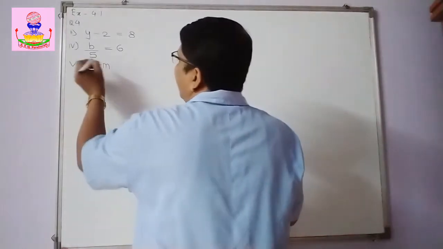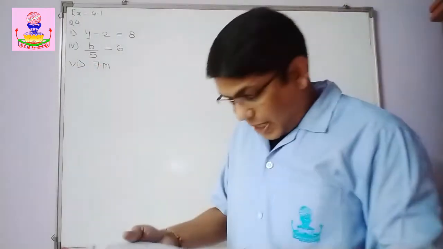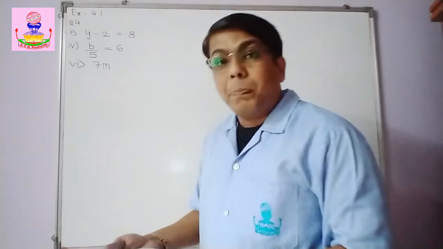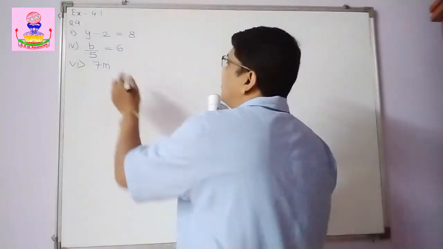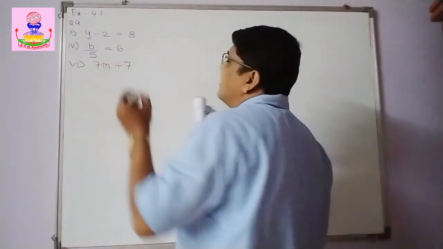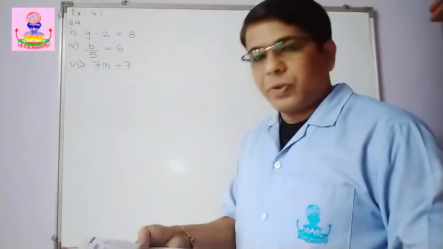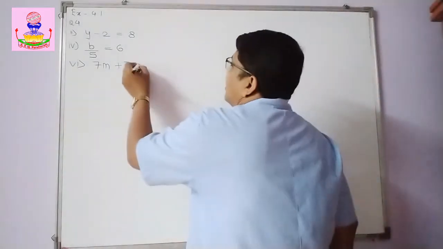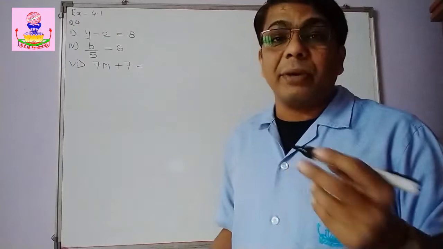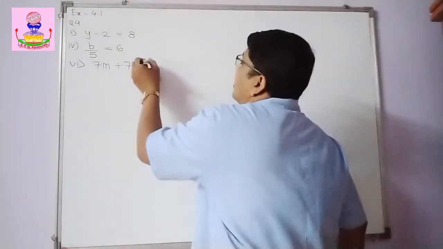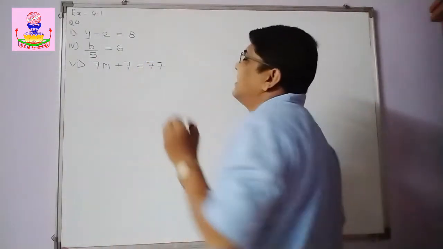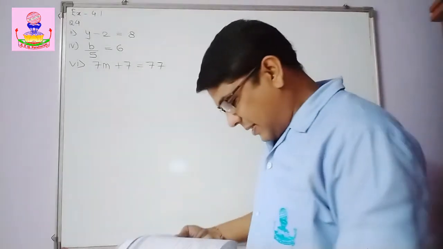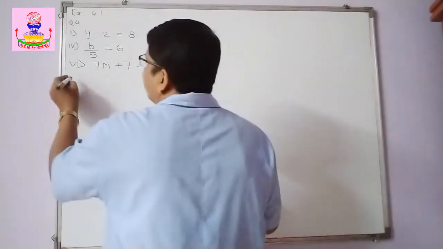So 7m, and then plus 7, so you add 7. Gets you 77 means equal to 77.